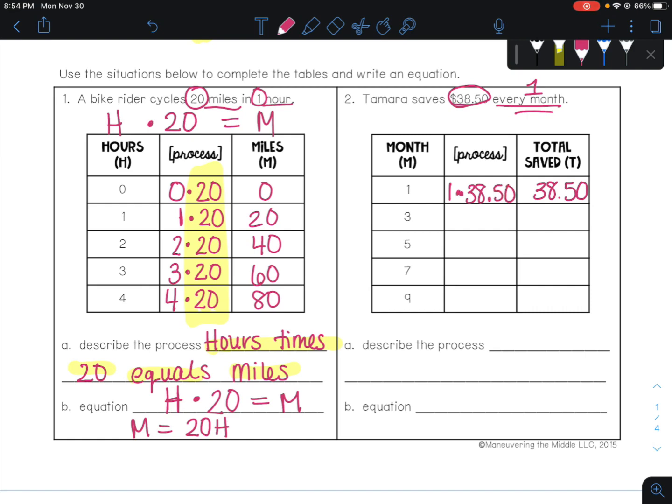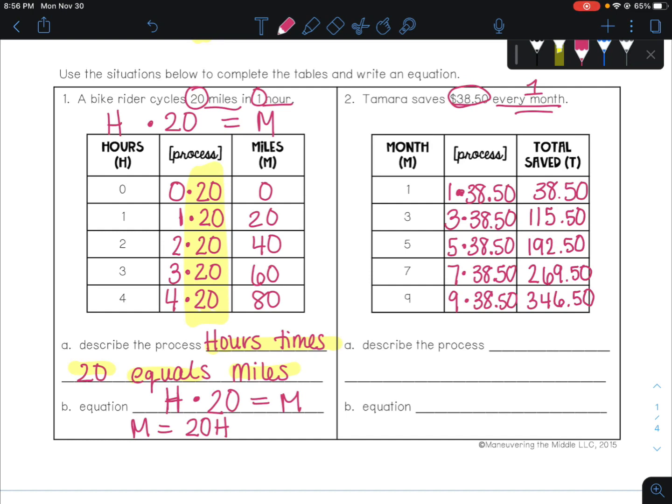So even though it's a decimal, it's the same thing. So to get across, we're doing times $38.50. So 3 times $38.50, 5 times $38.50, 7 times $38.50. You see the pattern here? 9 times $38.50. And let me just calculate these really quick. So after your calculations, that's what you would have.